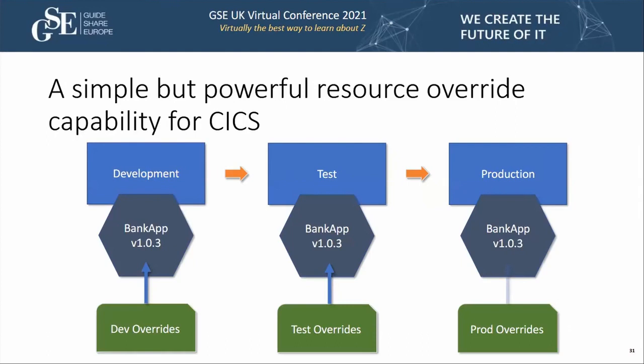You should be able to find a capability in CICS or a tool to support it, to help you treat CICS just like any other application flowing through the system in a best practice way.